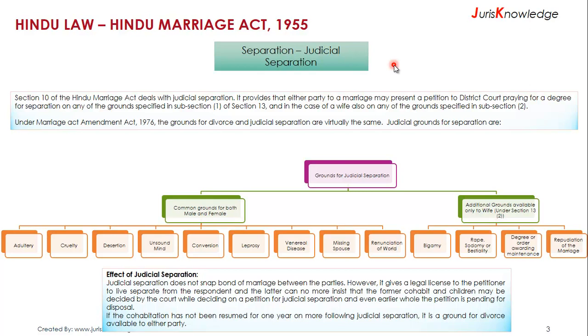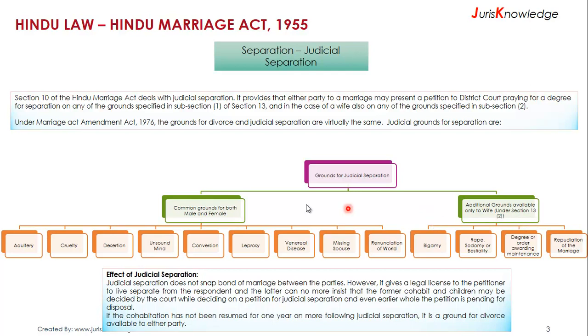Section 10 of the Hindu Marriage Act deals with the judicial separation. It provides that either party to the marriage may present a petition to district court praying for a decree for separation on any of the grounds specified in subsection 1 of section 13. And in the case of a wife, also on any of the grounds specified in section 13, clause 2.